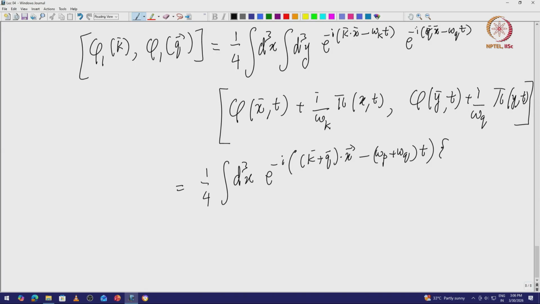The only non-zero thing would be this, okay, everything else will vanish, and the only non-zero thing would be just 1 by omega k, the coefficient essentially, minus 1 by omega q.